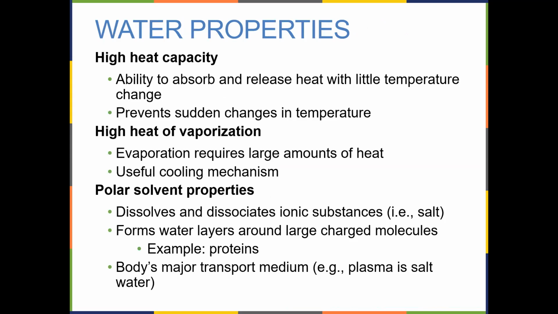So what does all that mean? Well, it takes a lot of heat to cause even a minor rise in temperature. It takes a great loss of heat to see a drop in temperature.